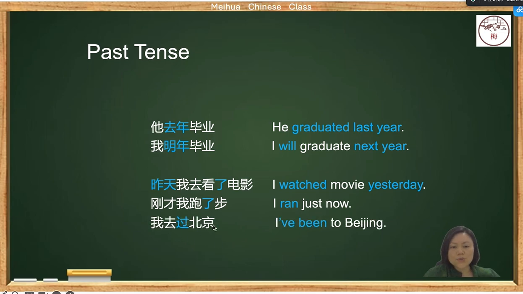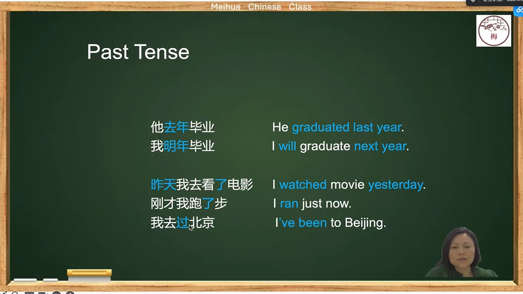我去过北京. Still no time word. I should check other helping verb or helping character. 过. I found this one, 过, between the verb and object.